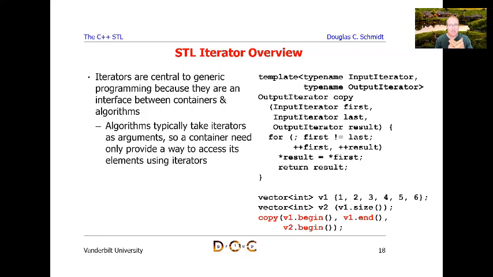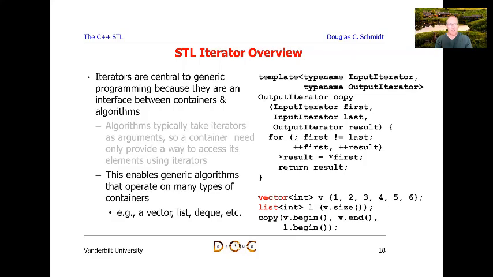And by having the algorithms work on iterator ranges, it gives you a lot more control over what you can pass in and what the iterator range is, and then of course what the scope of the algorithm will do. So containers only need to be able to provide access to their contents via iterators rather than having the various algorithms know specifically about the properties of a given container, which is again much more generalizable and much more flexible.